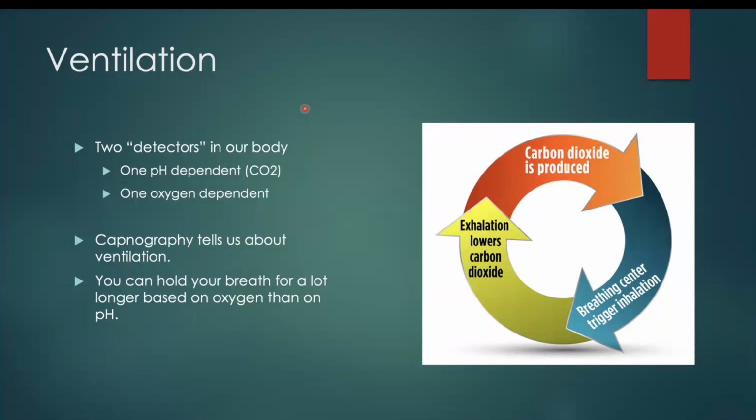The other detector is oxygen dependent. And so the capnography is going to tell us about their ventilation, and is not going to tell us about that oxygen dependent detector.